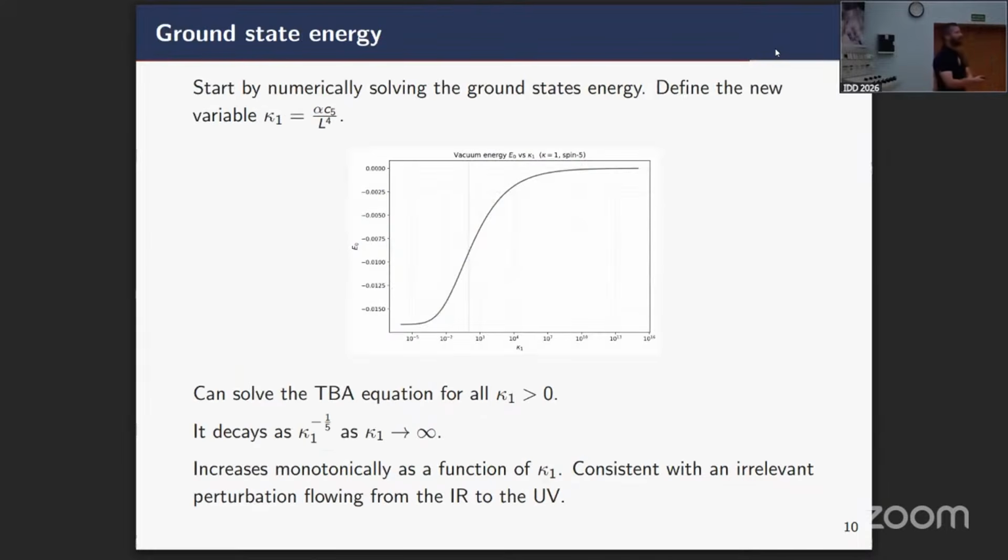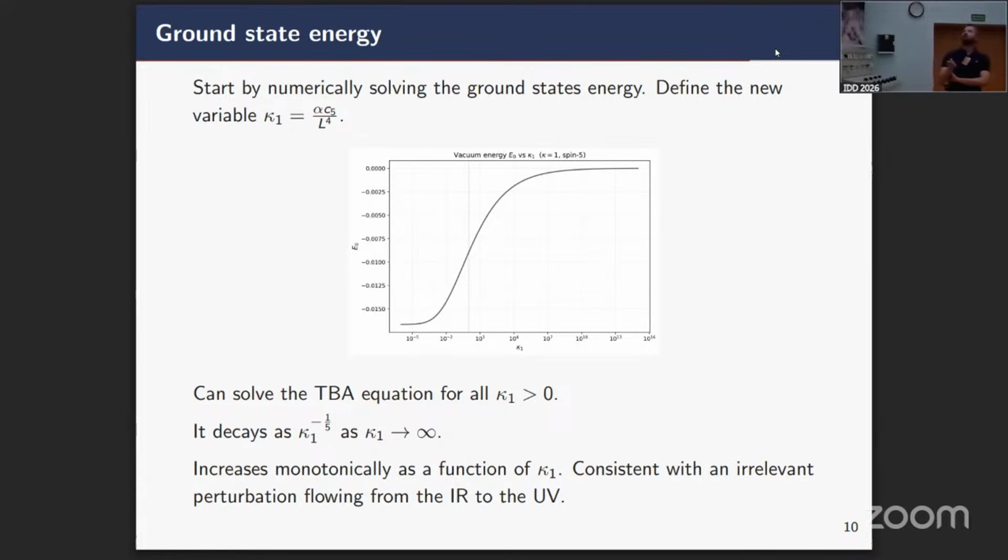So now that we have the nonlinear integral equations that we want to solve, we can sit down and numerically try to solve them. They're too complicated to get analytic expressions for the solutions. But if we first start again in the Lee-Yang model, and we just look at the ground state energy, there I know what the ground state should be of my theory when this parameter kappa 1, which was related to the chemical potential, is 0.